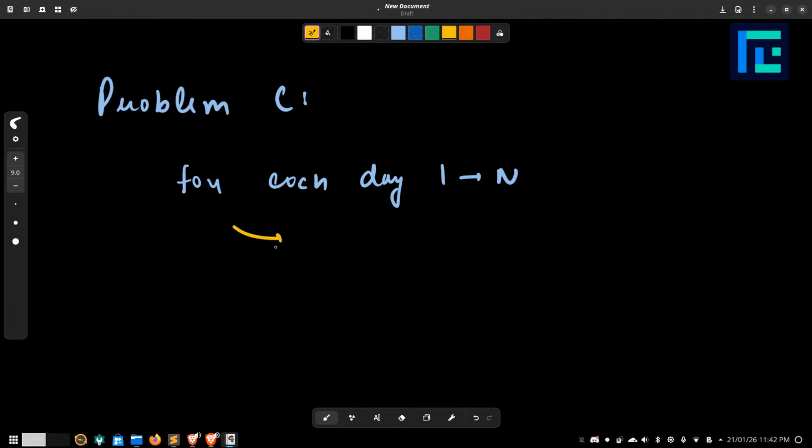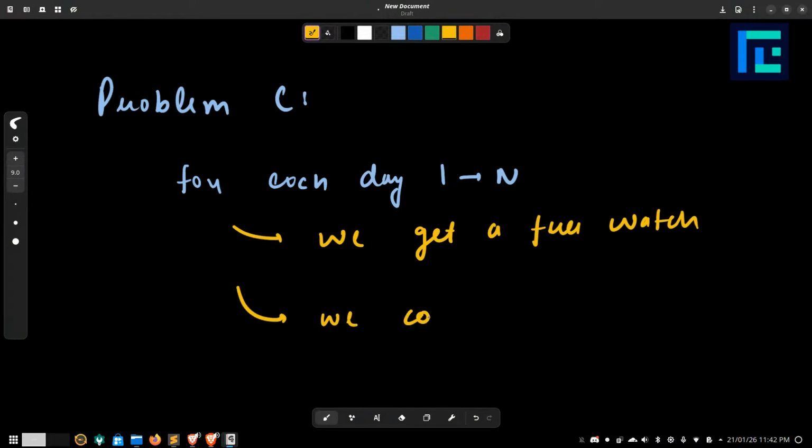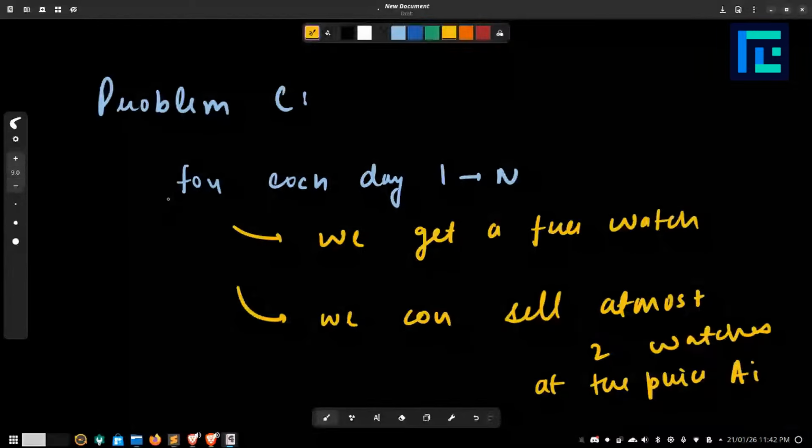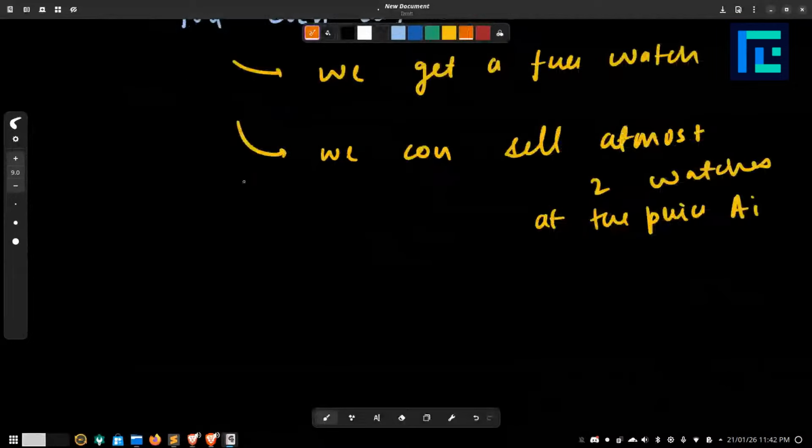The first event is that we get a free watch. And the next event, after the first event, is that we can sell at most 2 watches at the price A_i.